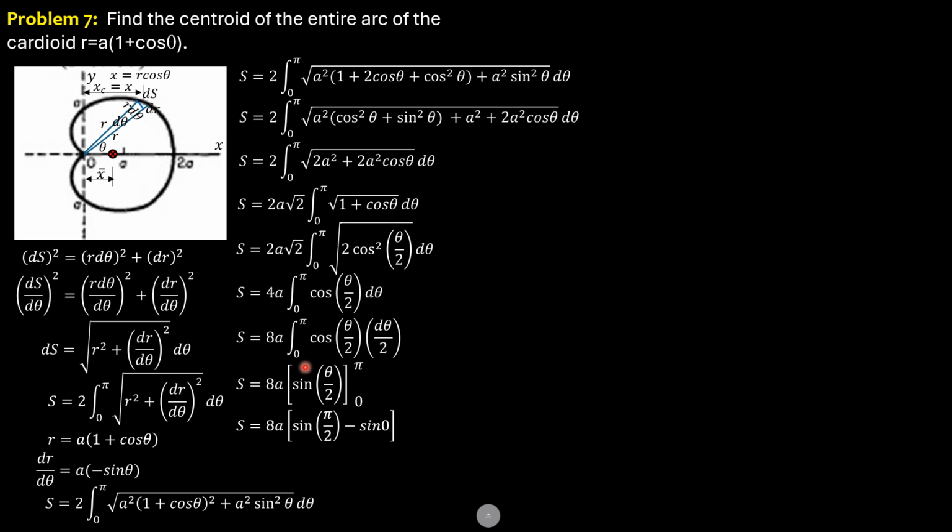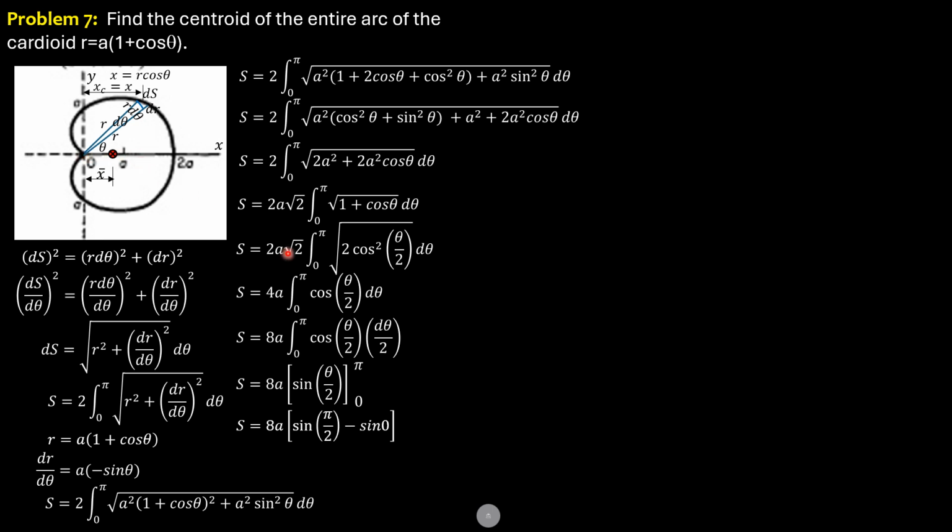Then we apply the first moment of mass concept to locate this centroid here. Obviously, by symmetry, the x-axis is the axis of symmetry. The centroid will have barred y equal to 0, so we are only interested in barred x.